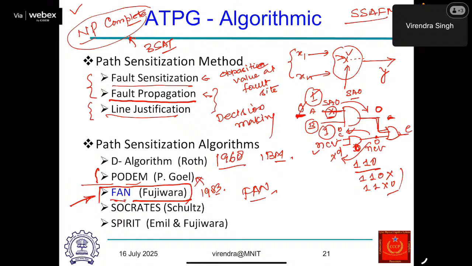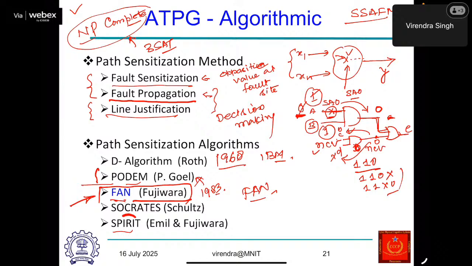After that, over time, people have developed more heuristics which try to capture some characteristics of the circuit and can speed it up. SOCRATES was one which was developed by Schulz, around the 2002, 2003 time period.